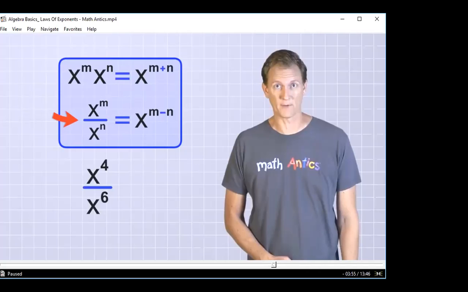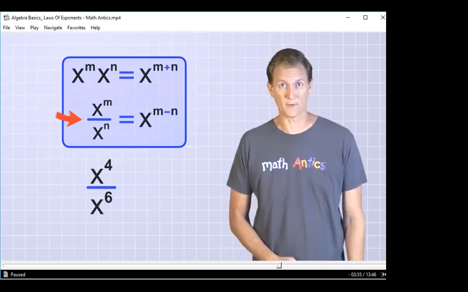And when we simplify, it will be 1 over x to the power of 2. Also, if you expand the x now, it will be x times x times x times x, right? And the denominator is 6 x's. Then we can cancel them together, right?